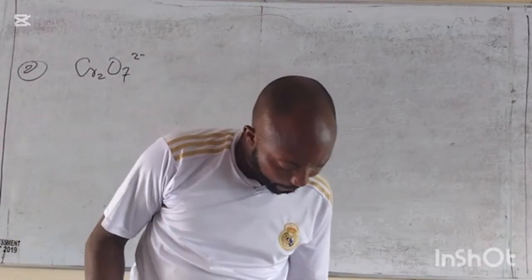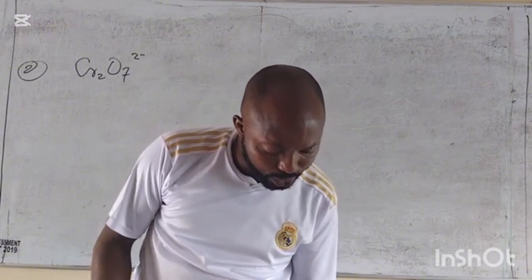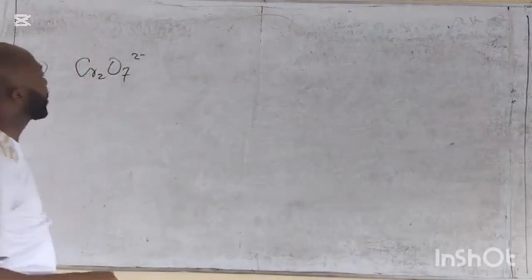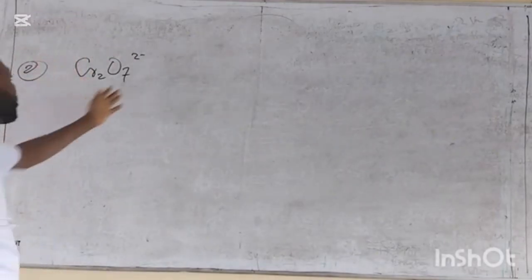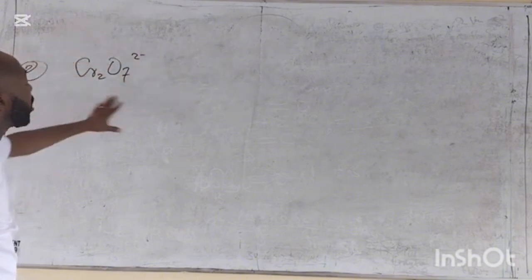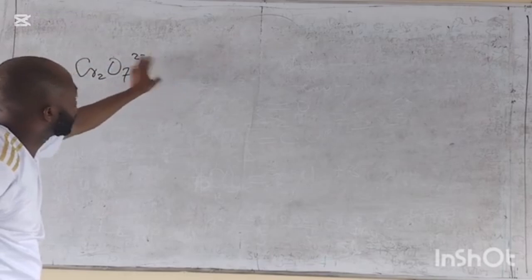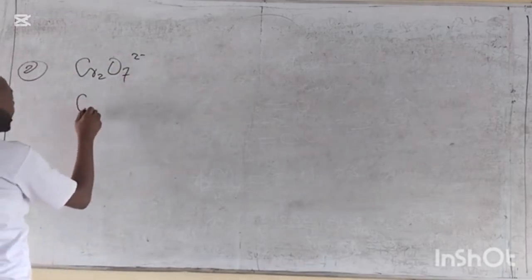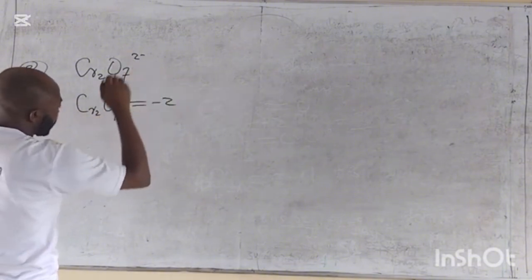Now remember, we say the algebraic sum of the oxidation numbers in an ion is equal to the charge, which is minus 2. So therefore I can have Cr2O7 is equal to minus 2.